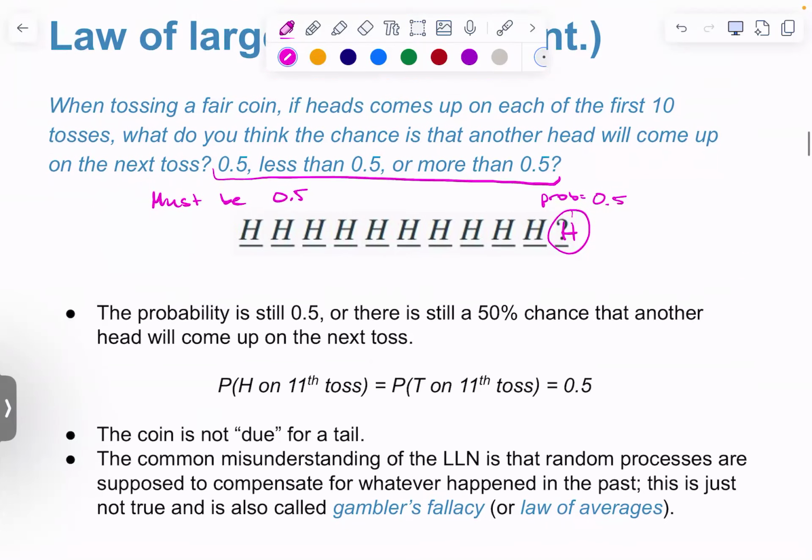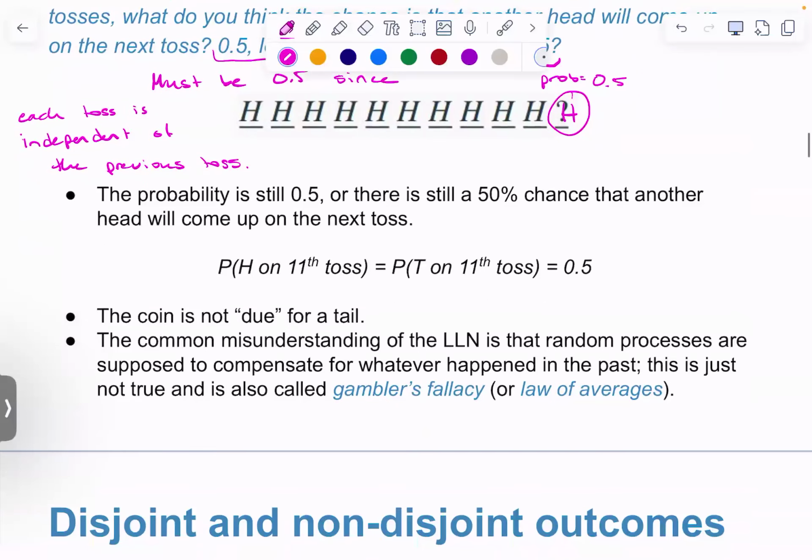And so it must be 0.5, since each toss is independent of the previous toss. It's called the gambler's fallacy, right?